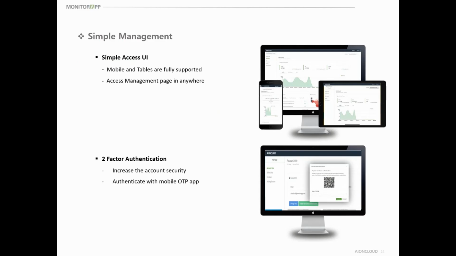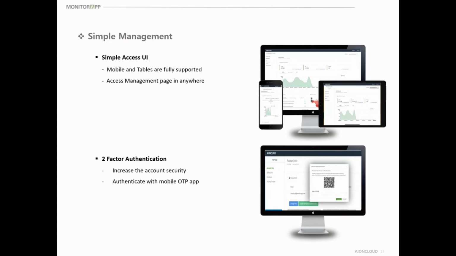In my opinion, the biggest benefit of AIONCLOUD is mobility. The ordinary way to manage and monitor the status of security appliances and services, you need to go to the office and use your own PC.